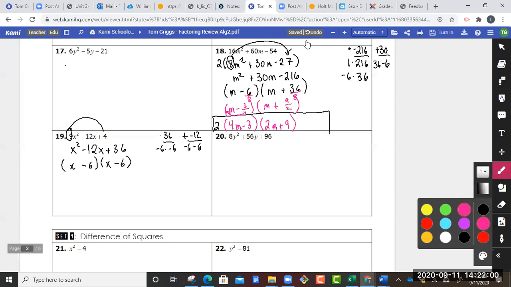And then we multiplied by 9. Now we got to undo that. So we got to divide each of those numbers by 9.